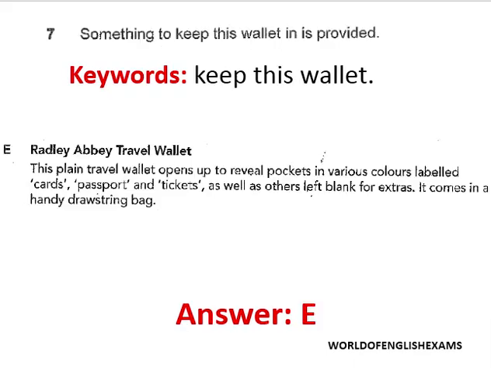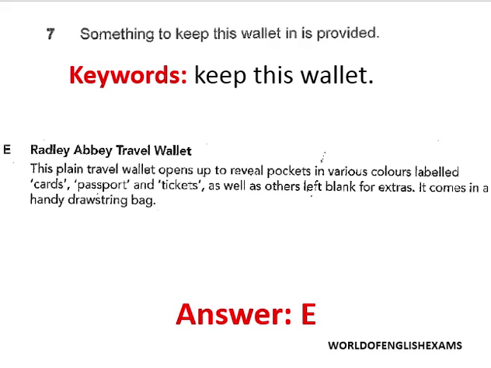Let's continue. Something to keep the wallet in is provided. So we can keep this wallet inside something and even that is provided to us. So let's read this paragraph. E. This plain travel wallet opens up to reveal pockets in various colors labeled as cards, passport and tickets.